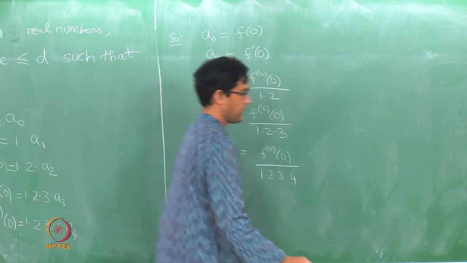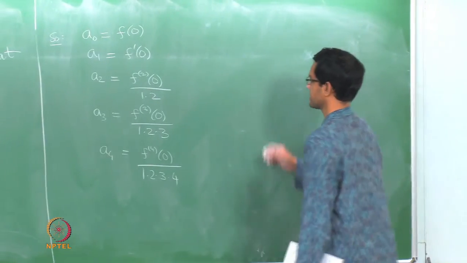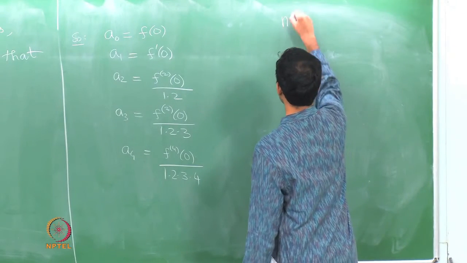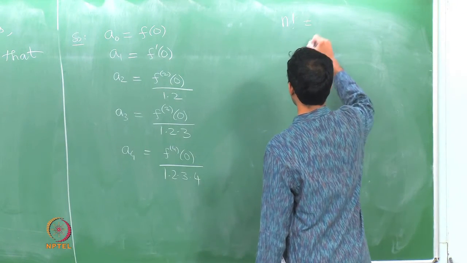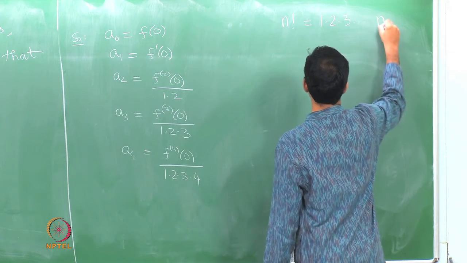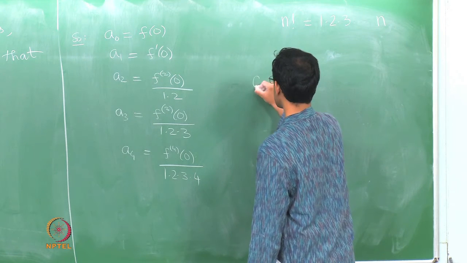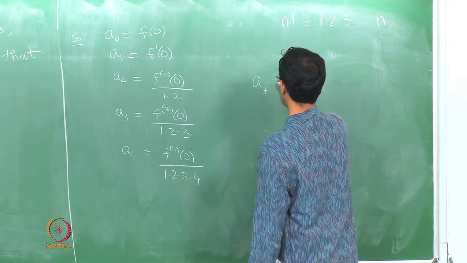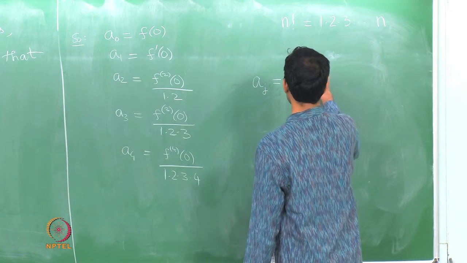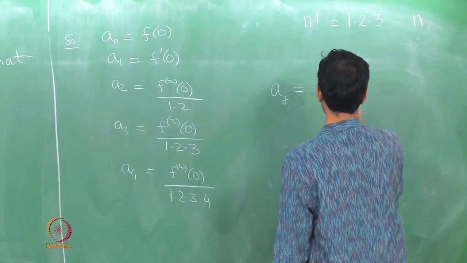Okay. And these denominators are precisely what are called the factorials. So observe that in general if n is a natural number, n factorial just means the product of all the numbers from 1 to n, and so another way of writing this is, let us just say aj is nothing but the jth derivative of f at 0 divided by j factorial.